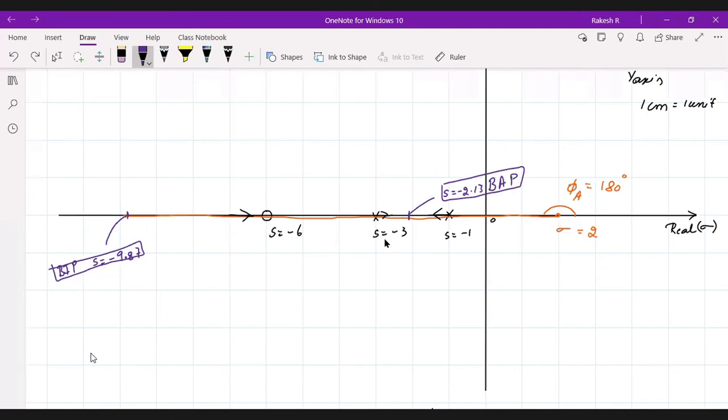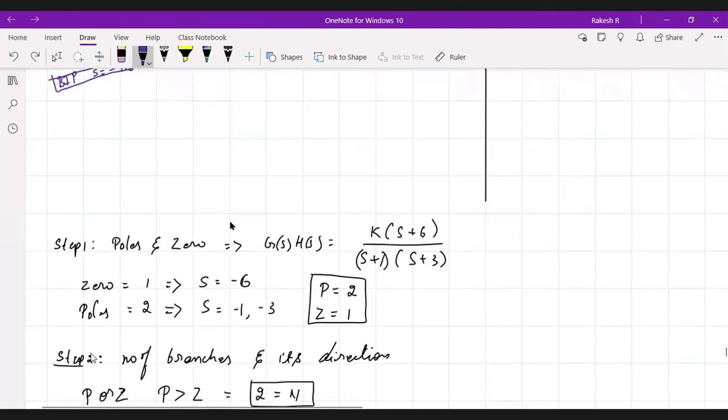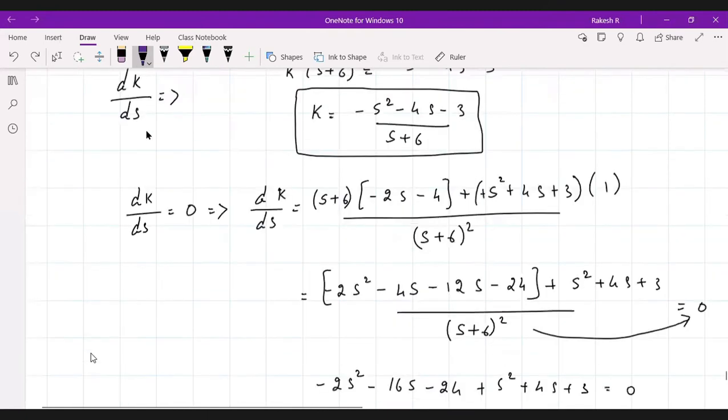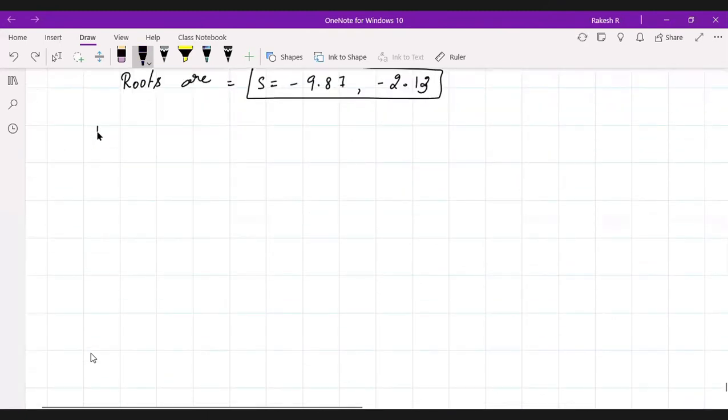If we get roots in between the poles, that is a breakaway point. Right? So in both the cases, the root locus is present. So both are valid breakaway or break-in points.